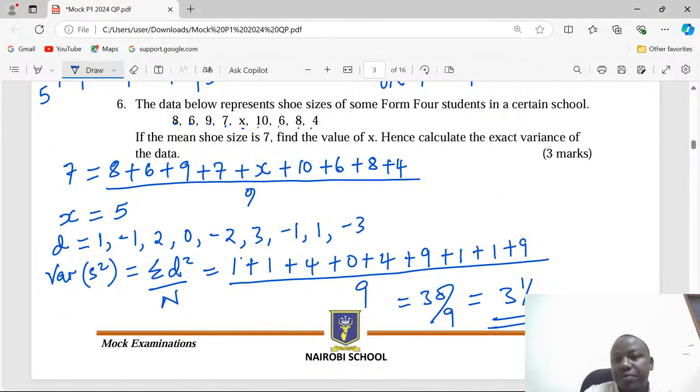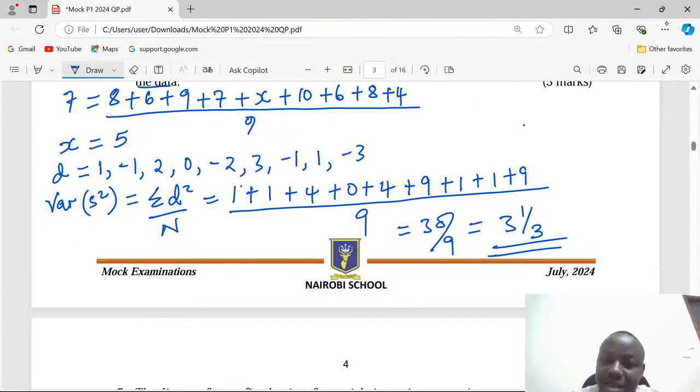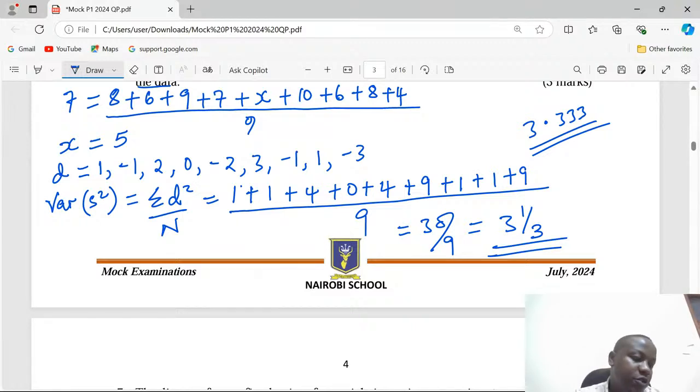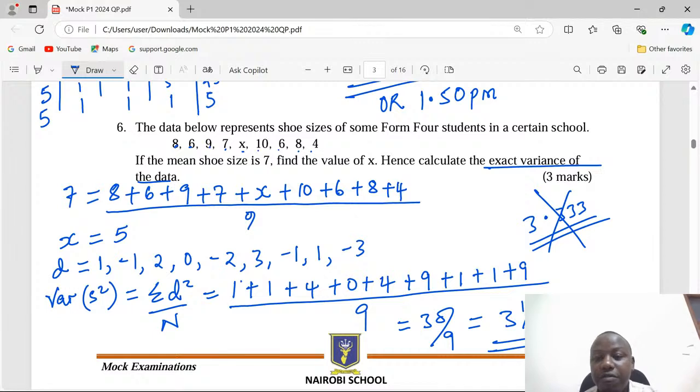Let's go to the question. The word is exact variance. So according to these instructions, if a student gives 3.33, such a decimal, this is three significant figures, a very good estimation, but they will get it wrong because it is not exact, it is a rounded off value.